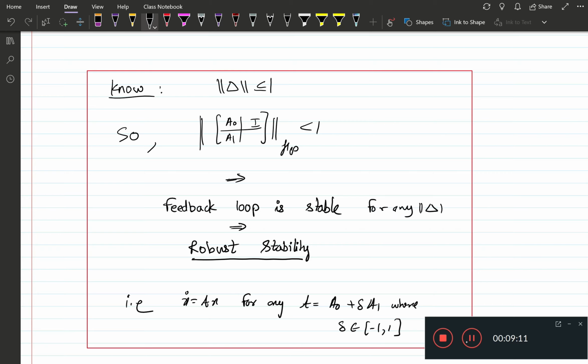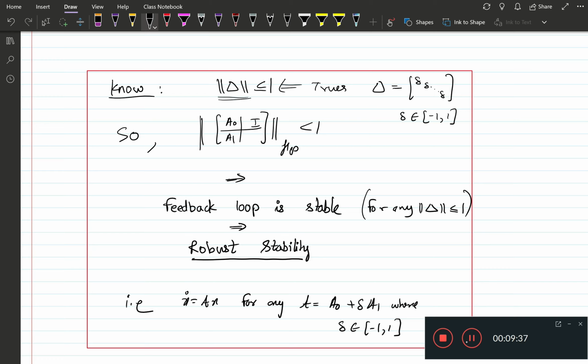with norm less than or equal to 1, which would mean that we have robust stability, because this is true for our delta, because we consider delta of this form, and we know that delta is between -1 and 1. That's why we know that the norm of delta is less than or equal to 1.